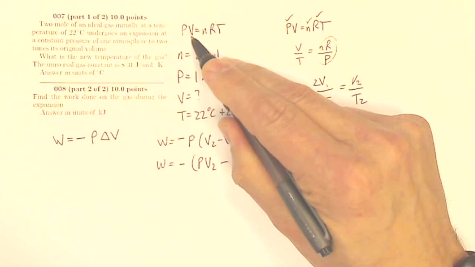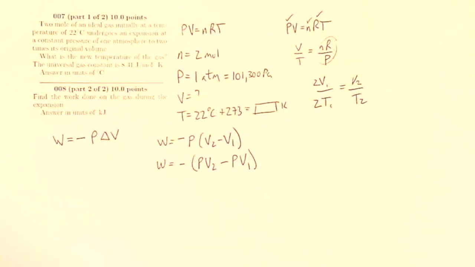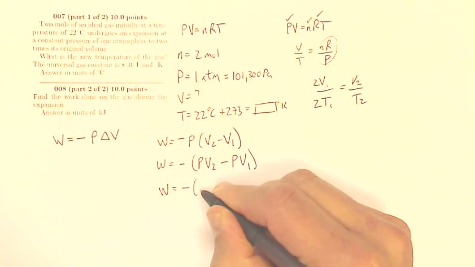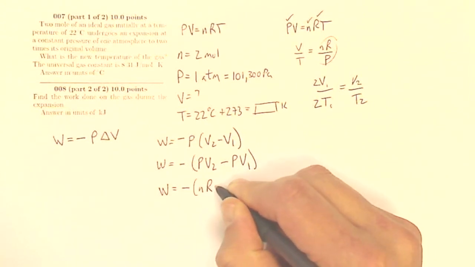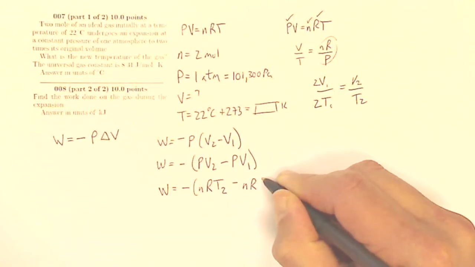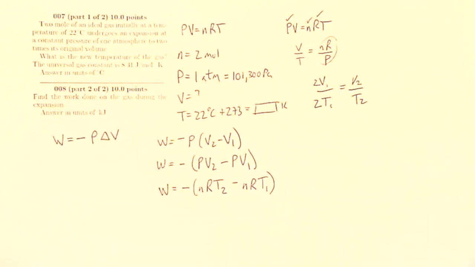But PV equals nRT, so my work is going to be negative of nRT2 minus nRT1.